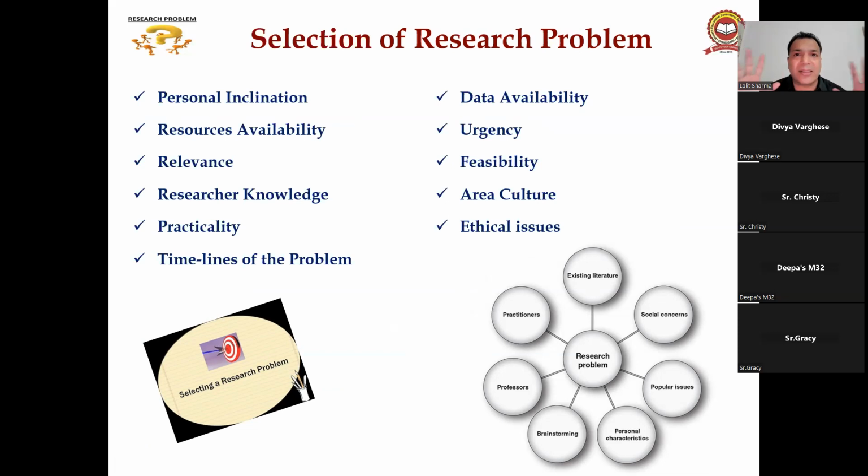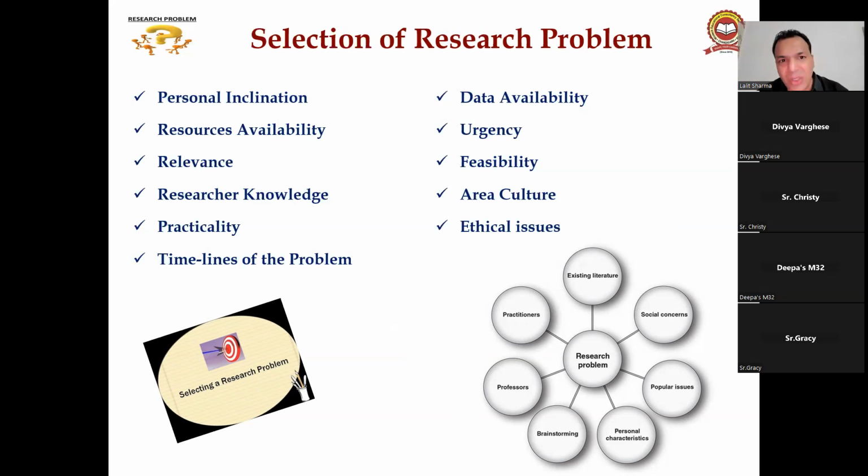Guys, this is a very critical step. If you take a research problem without keeping these steps in mind, then, because you have to work on it for the whole of two years, you can come into trouble later on. You didn't discuss all the steps before taking a research problem.